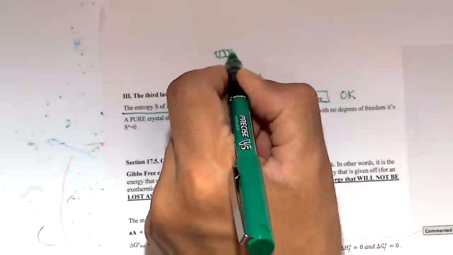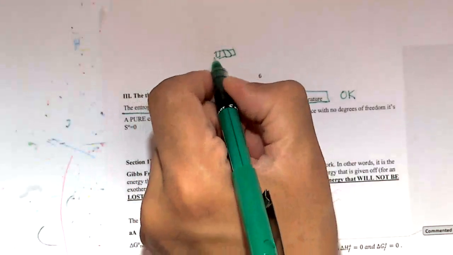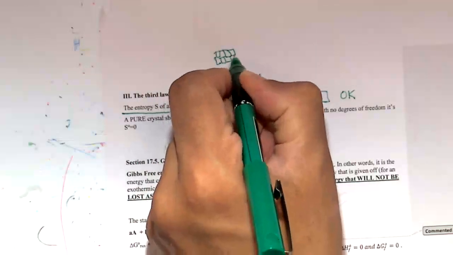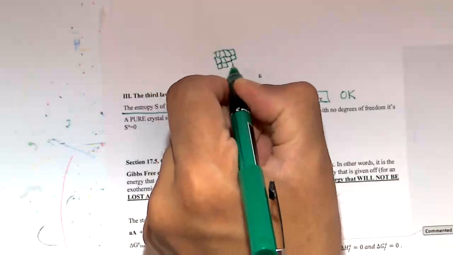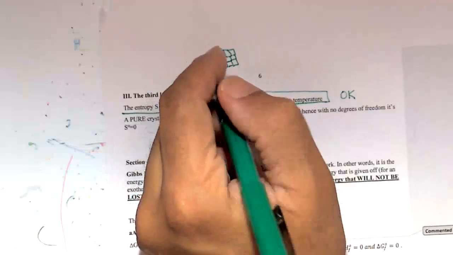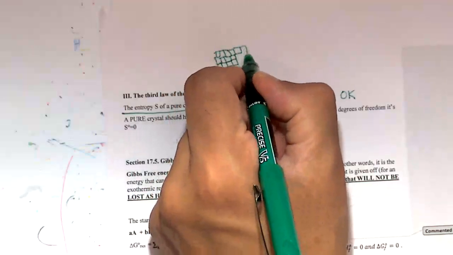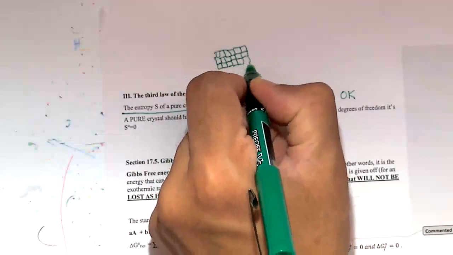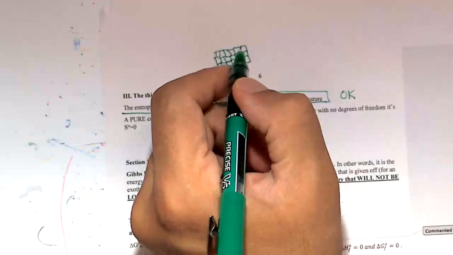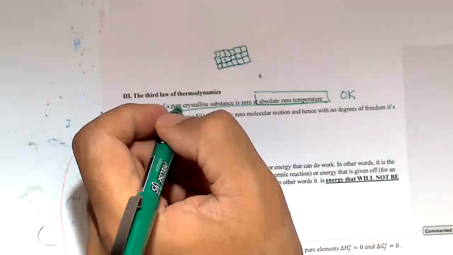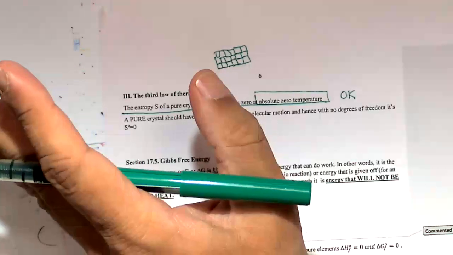In fact, if you look at them under the most powerful microscope, they're a lattice. And the way lattices are arranged is with what's called a unit cell. So the unit cells are perfect in a crystal. So the entropy is very, very ordered.